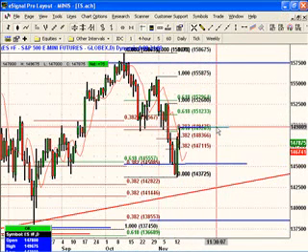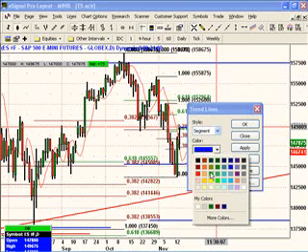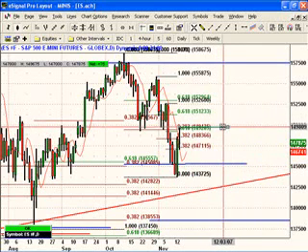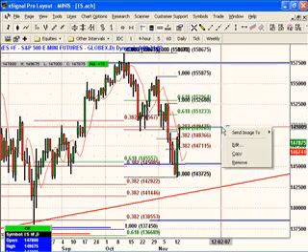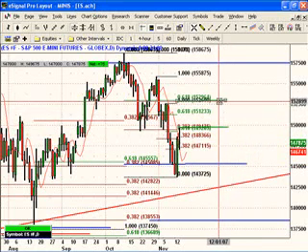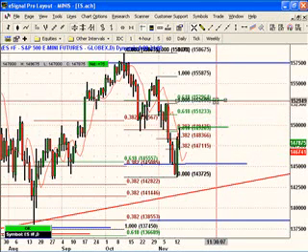I'll change the color of that one to distinguish. Here we go. We'll make it green. So we've got a resistance level right there, and then another key one a little higher up that we should be concerned about, which is up at around 1530. So let's call it 1499 and 1530.